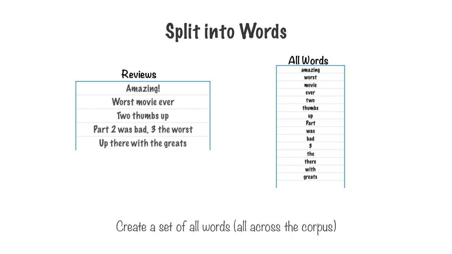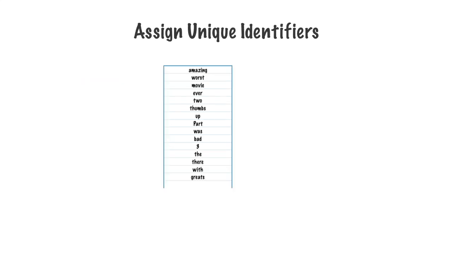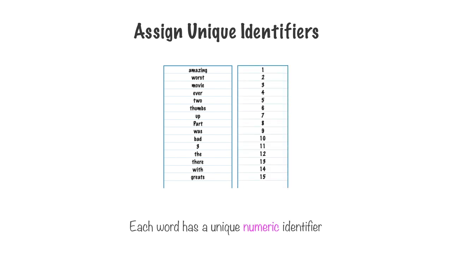That means if a word appears more than once in our training dataset, it should appear just exactly once in the vocabulary. The next step is to represent every word in our vocabulary using a unique identifier. So the first word that we encounter will have an identifier of 1, and the last word in our vocabulary will have the identifier equal to the size of the vocabulary.